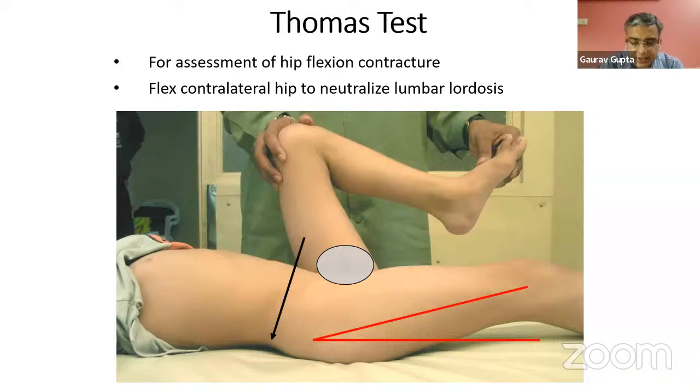After that, we gently extend the ipsilateral side, and if the thigh is not touching the couch and there's a gap, then we measure the angle between the couch and the thigh, and that angle tells us the amount of fixed flexion deformity the child has in its hip.